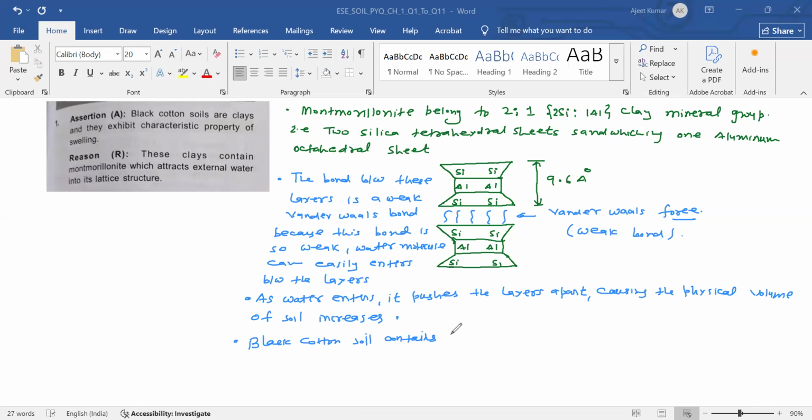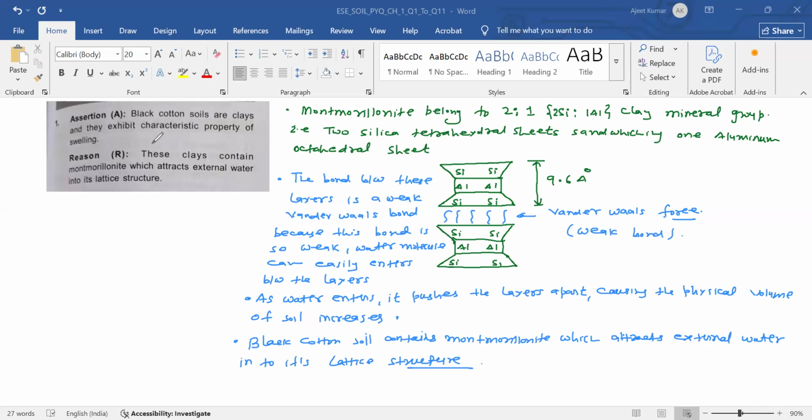Black cotton soil contains montmorillonite, which attracts external water into its lattice structure.